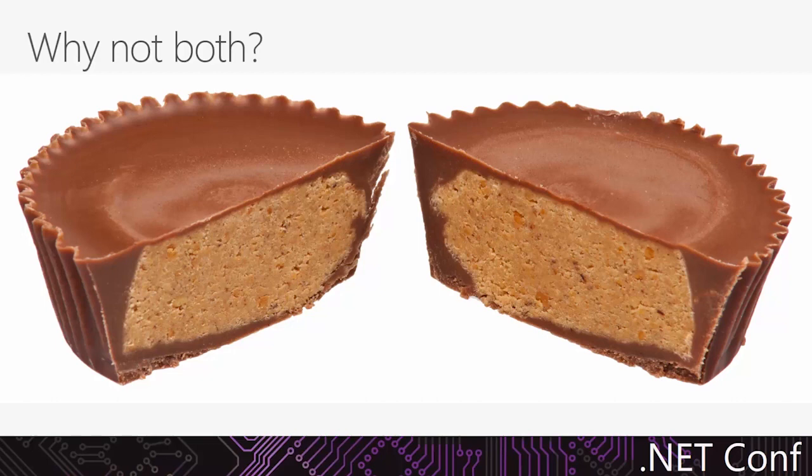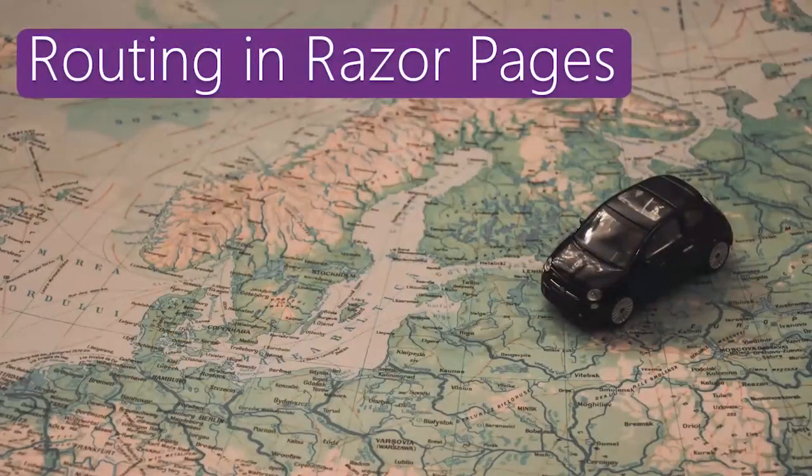Well, just like chocolate and peanut butter, you can certainly mix Razor pages with MVC in your ASP.NET Core applications. As long as your routes don't have a conflict, this can be a great approach that leverages the best of both worlds. So speaking of routes, let's talk a little bit about routing in Razor pages.